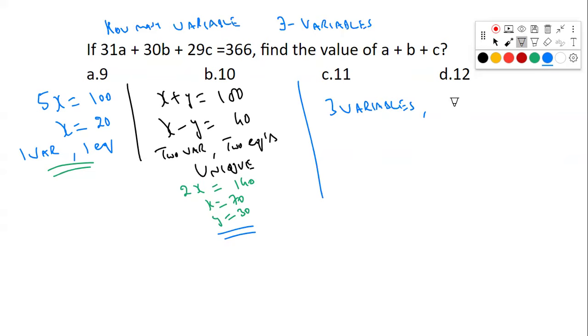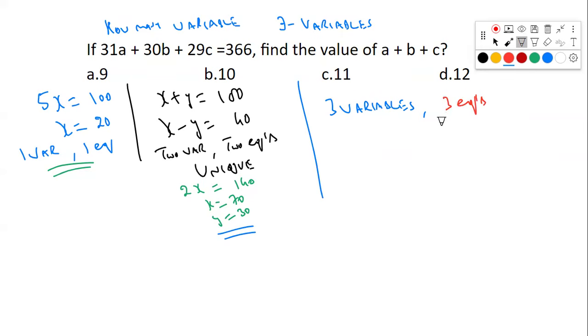One variable, one equation; two variables, two equations; three variables... Put it in the chat box or unmute and tell me. Extending this logic, three variables. Yeah, three equations. Perfect, Simran. So you need three equations.